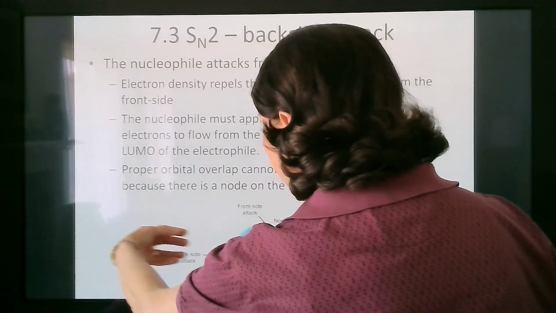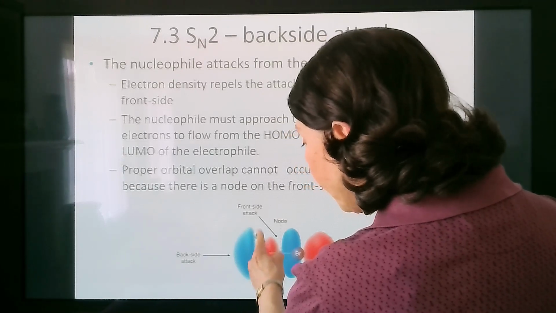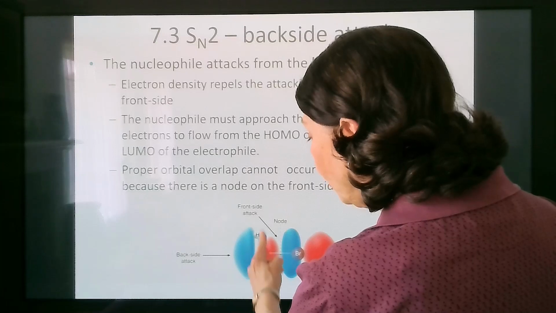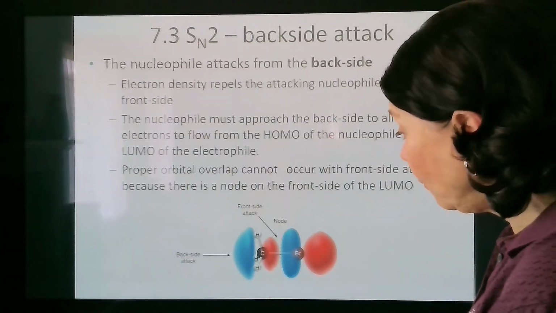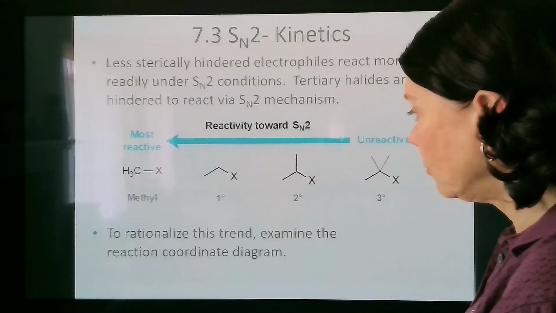And since you have the nucleophile coming in from the backside attack, the groups that are here are going to create steric hindrance for the anion coming in. So it's very important what groups you have here as to how accessible the nucleophile is to that anti-bonding orbital.